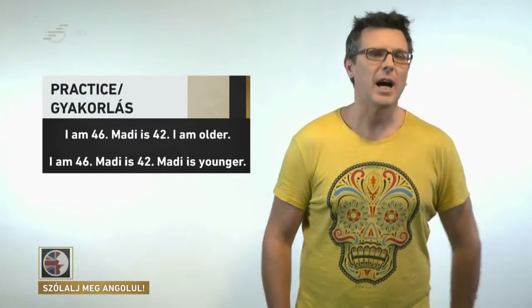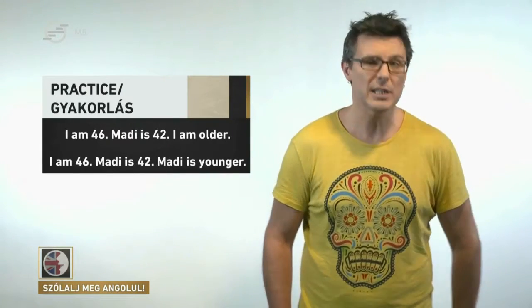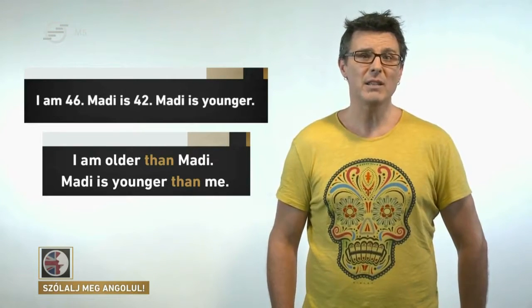We already know that we can use comparatives to make 2 sentences. I am 46, Muddy is 42, Muddy is younger. But we also learned that if we use than, we can join the 2 sentences and make 1 sentence. I am older than Muddy.